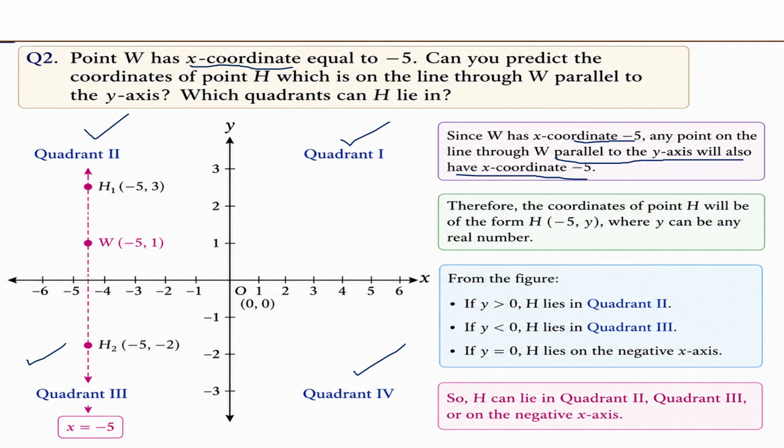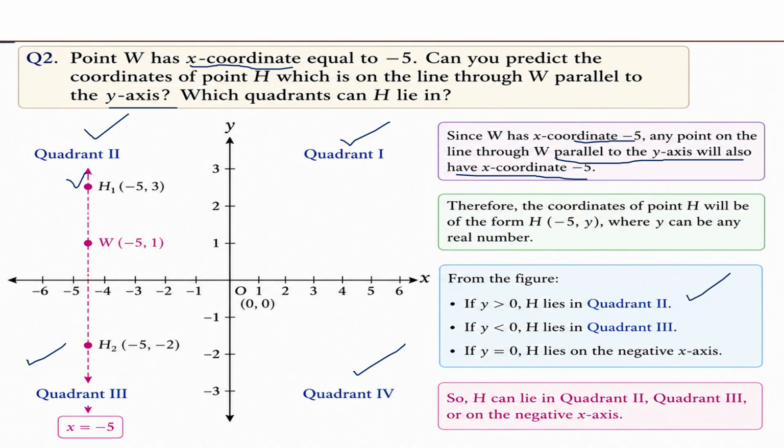Now going further, we understand from this figure what exactly they have asked. Can you predict the coordinates of point H, which is on the line through W, parallel to which axis? Parallel to the y-axis. So it's on the second quadrant. If y is greater than 0, H will lie in the second quadrant.